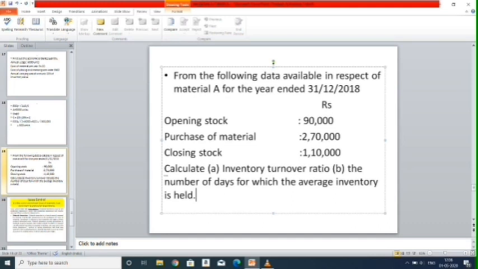Calculate inventory turnover ratio, and secondly, the number of days for which the average inventory is held. This is our question. In this question, we have to find out ITR and the number of days for which average inventory is held.